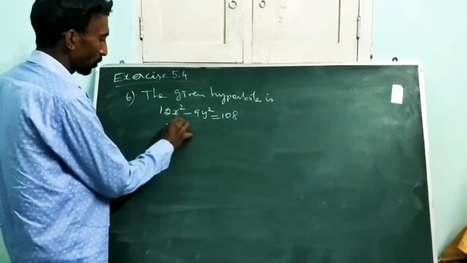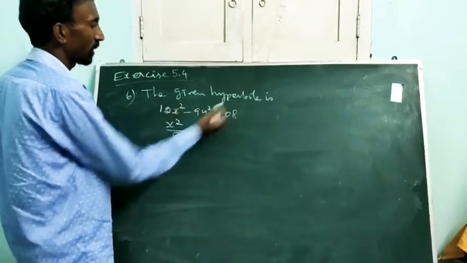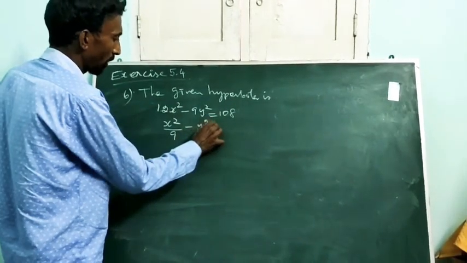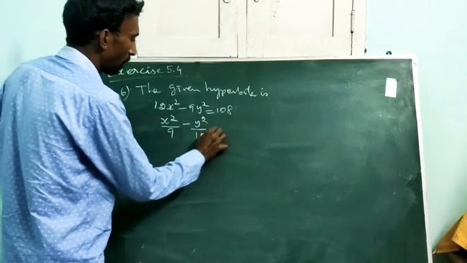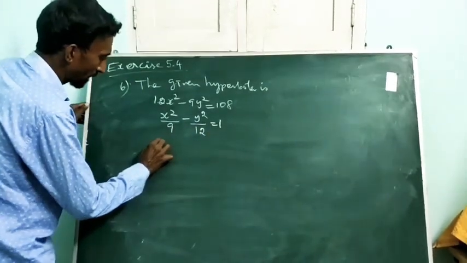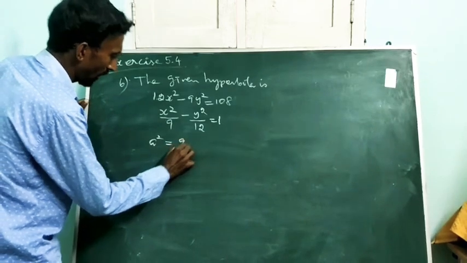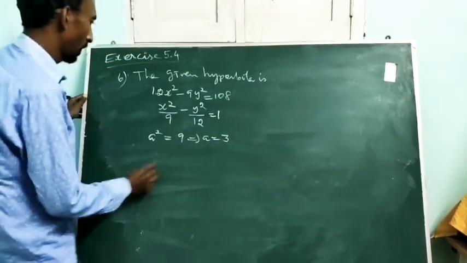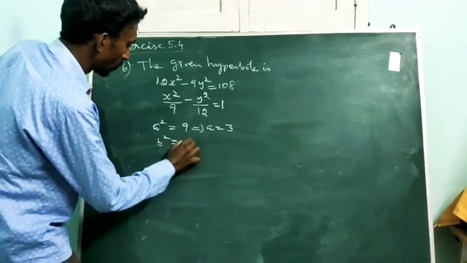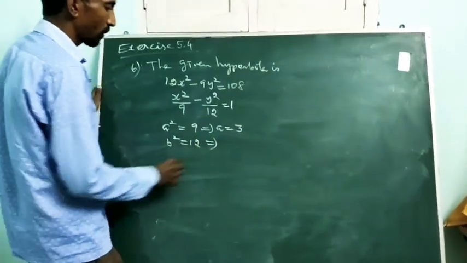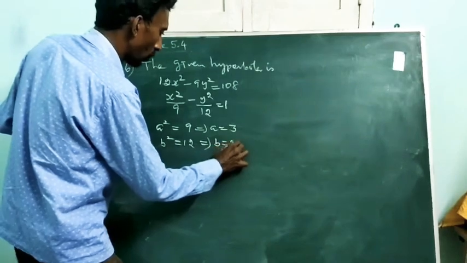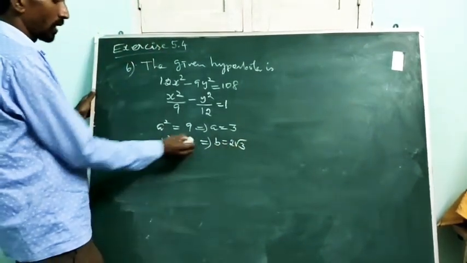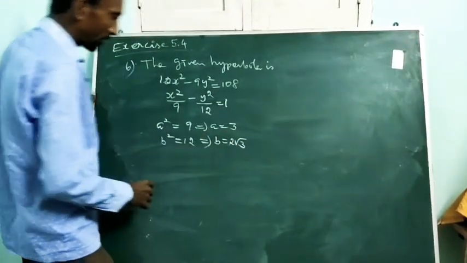So it is x square by 9 minus y square by 12 equal to 1. So a square equal to 9, which implies a equal to 3, b square equal to 12, b equal to square root of 12, it is 2 root 3.